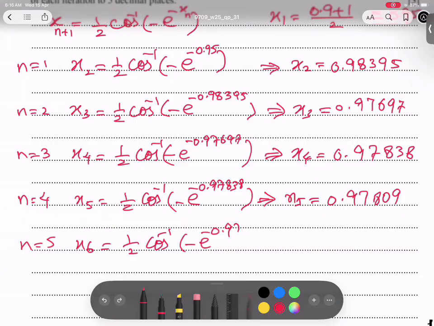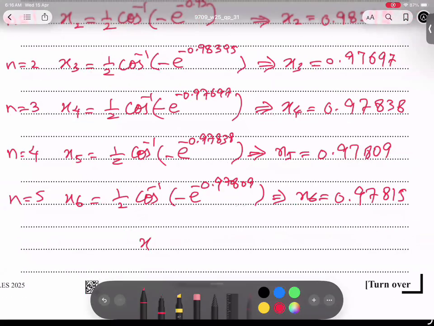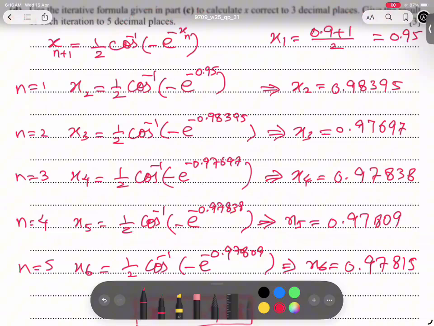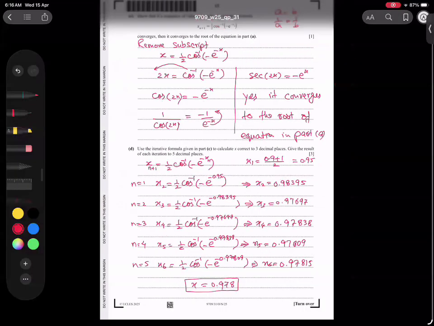Now I'm going to plug in this number, 0.97809. So X6 will become what? I'm getting 0.97815. You see, now 3 digits totally match. Even the 4th digit is not that big, so we cannot round. So 0.978 because he asked us to make it 3dp. And I hope the concept of the question is completely clear.